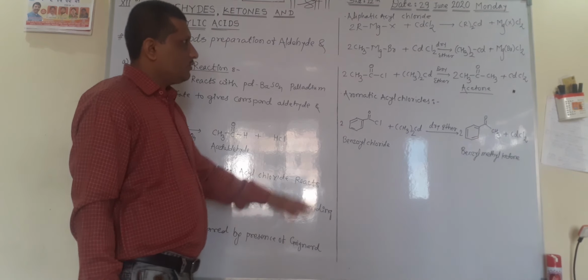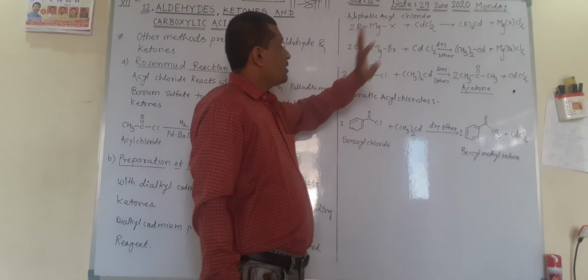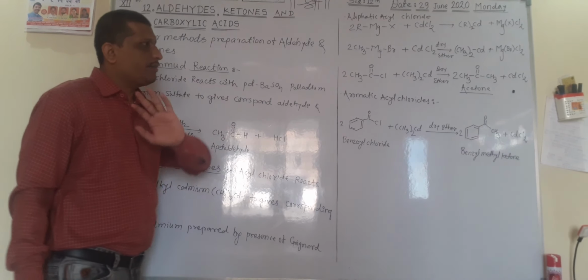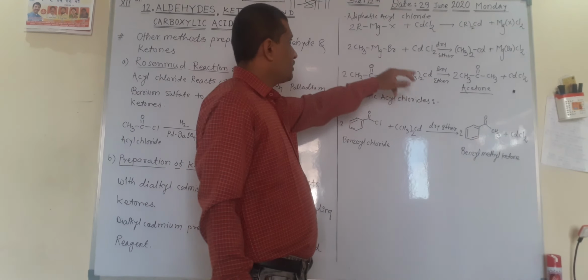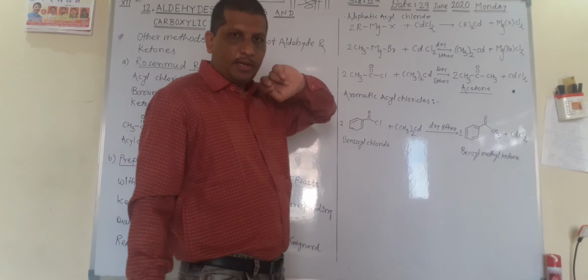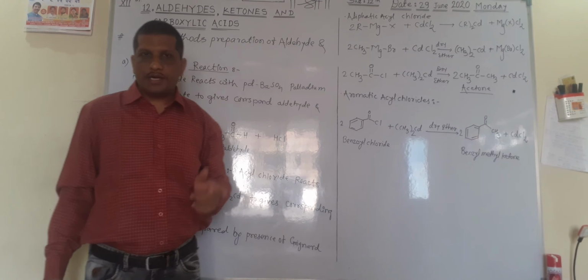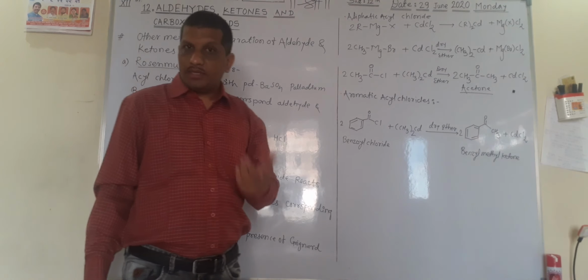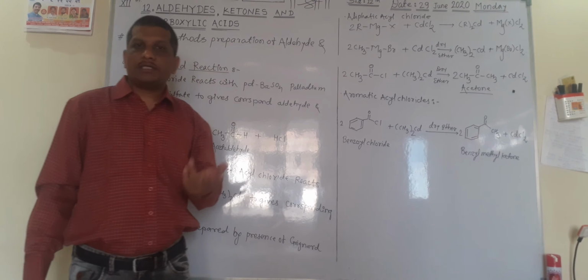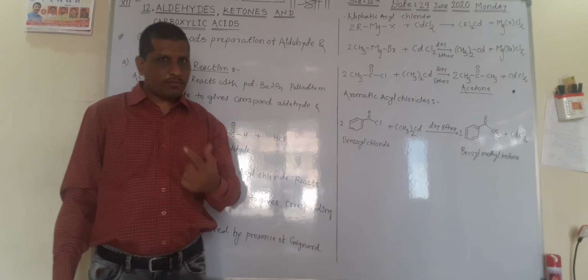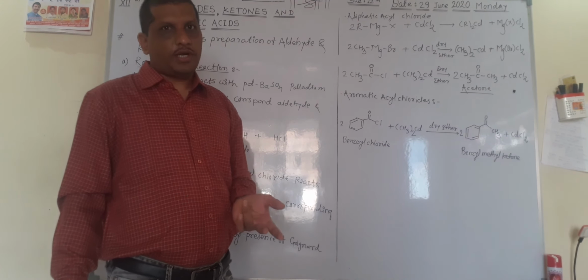It's a very simple reaction, with aliphatic acyl chloride and aromatic acyl chlorides giving the corresponding ketone products. Cadmium dichloride reacts with Grignard reagent to give dimethyl cadmium, which reacts with the acyl chloride in presence of dry ether to give the corresponding ketone.